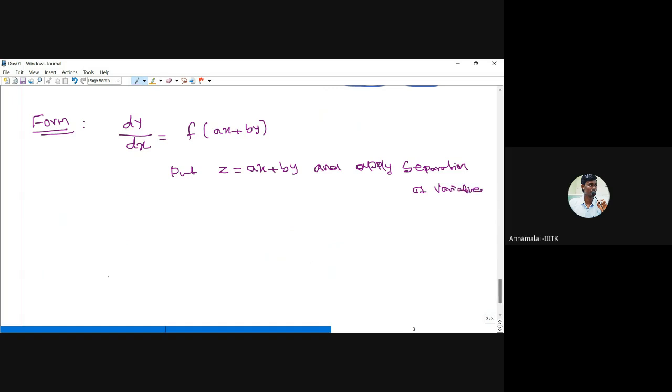Now, for example, consider the differential equation dy by dx equal to (4x plus y plus 1) whole square.